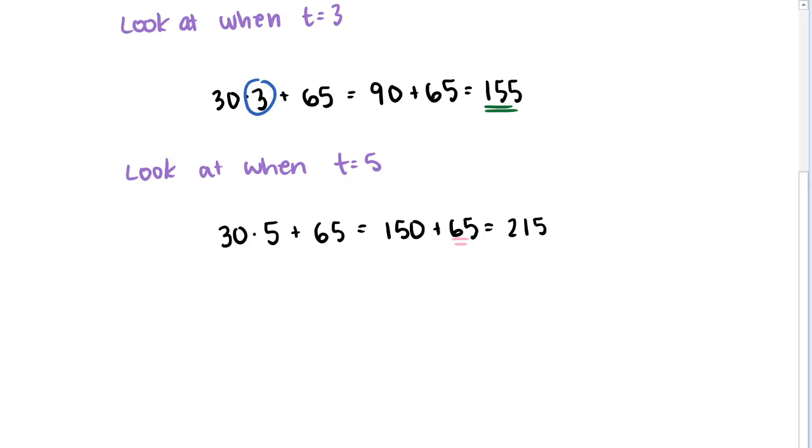Well, we took the number of minutes, in this case it was 5. We multiplied that by 30 so that we can get each of those 30 degree increases for every one of those 5 minutes. And then we added it onto the starting temperature.